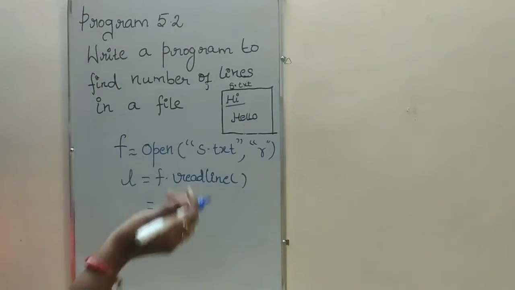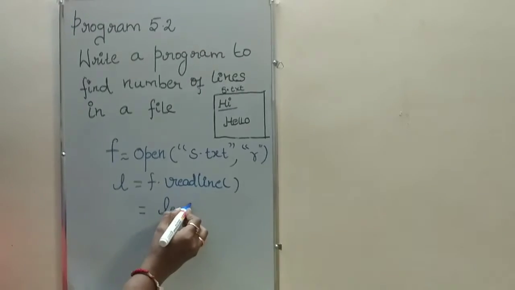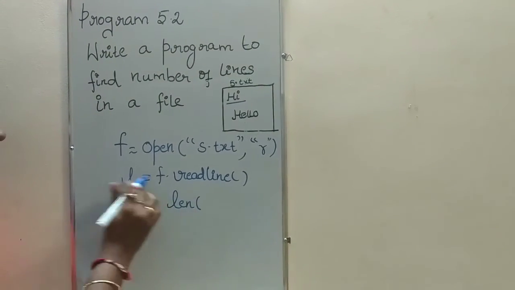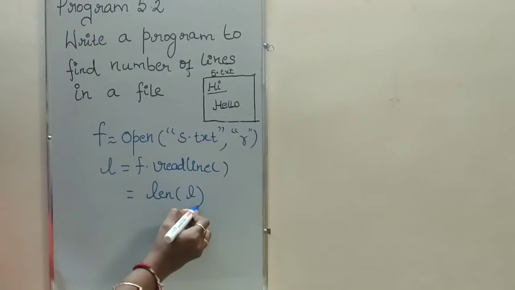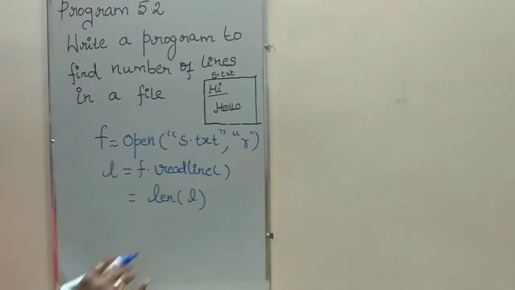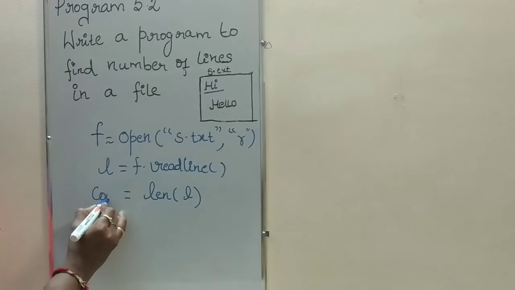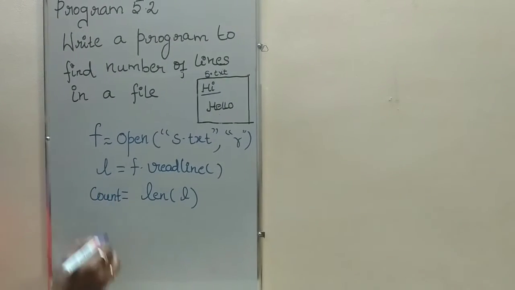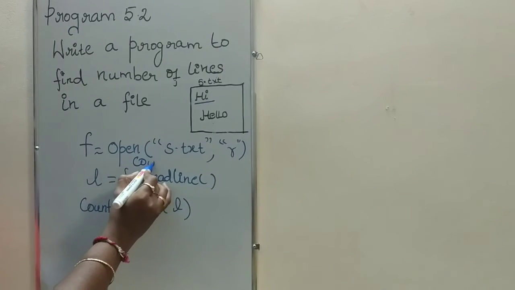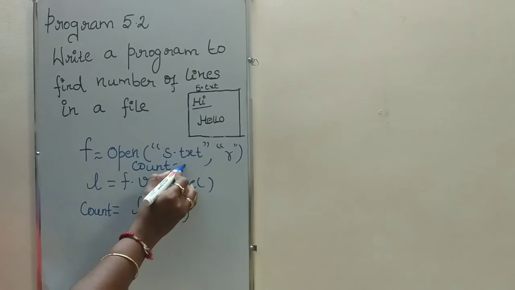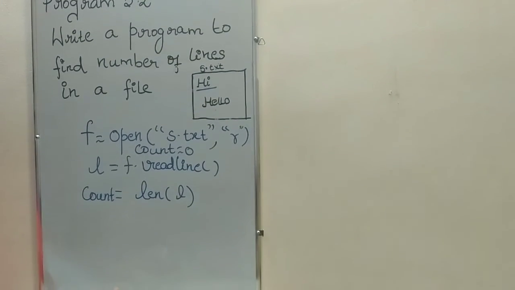To get those 2 lines, use the length function to determine the number of lines in that file. Len of L will determine the number of lines present in this file. So here I am using a count variable to get that count. Initially it should be assigned count equal to 0, otherwise it will take a garbage value.